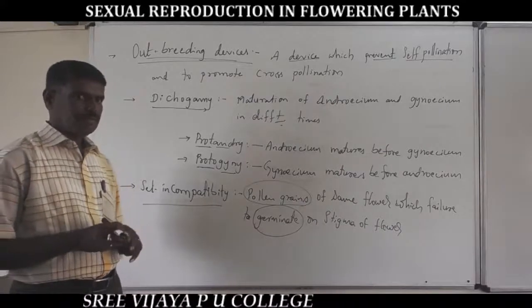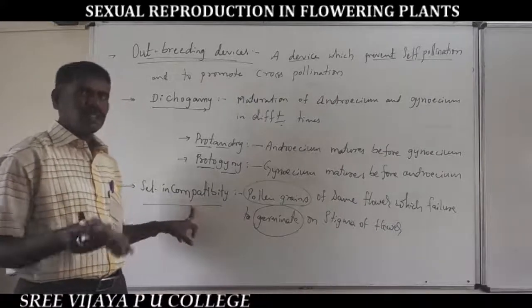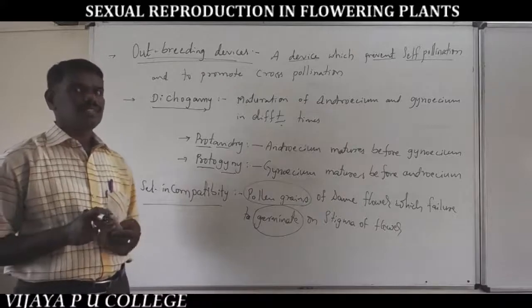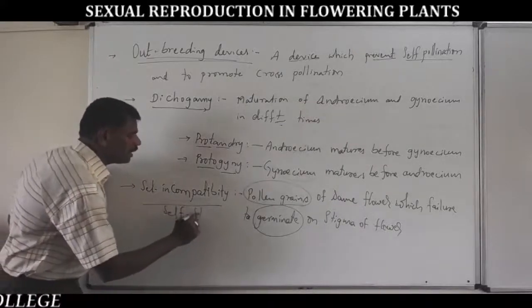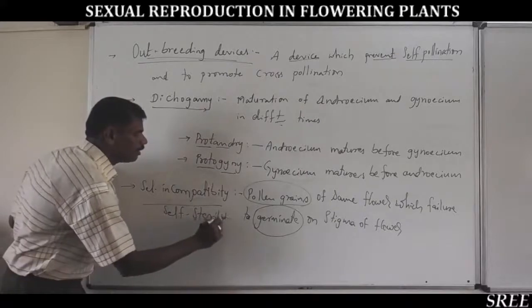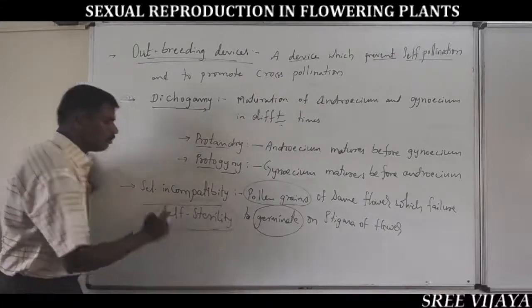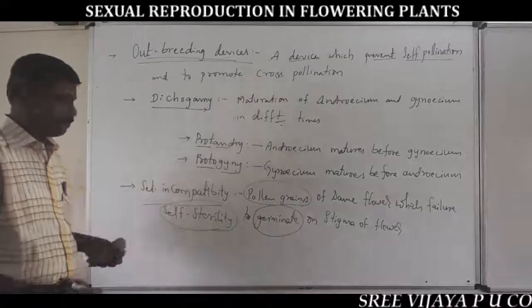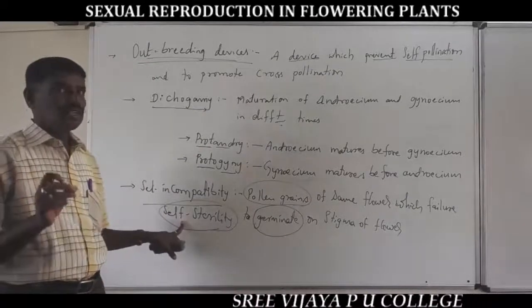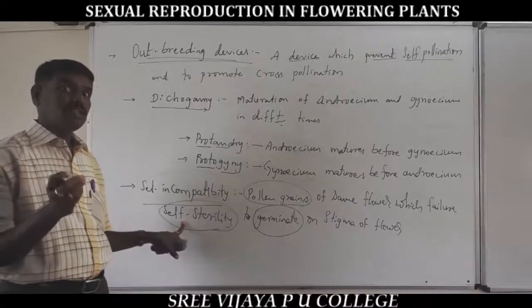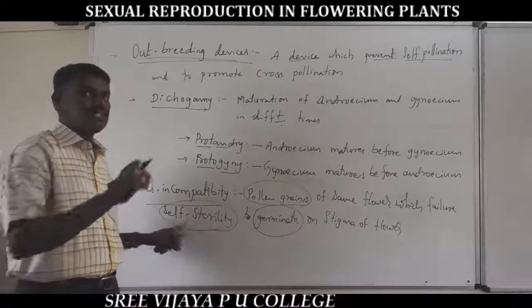Self-incompatibility is also called self-sterility, the sterile nature. The pollen grains are sterile and not able to germinate on the stigma of the same flower.